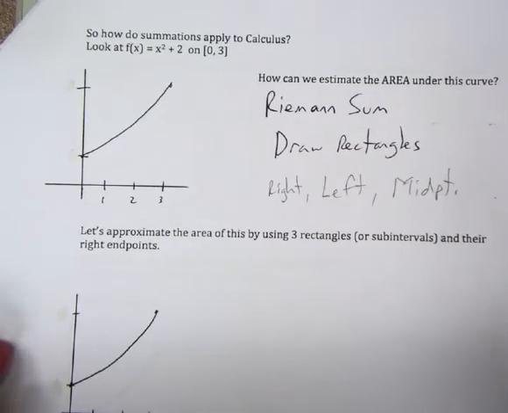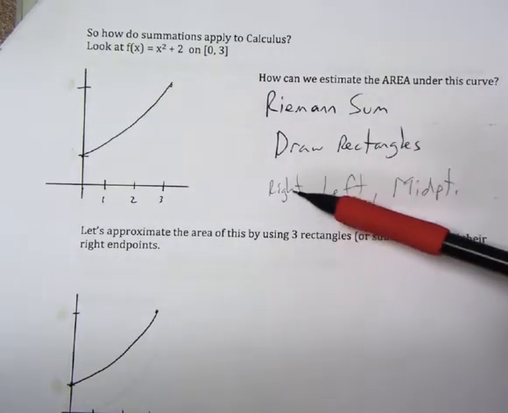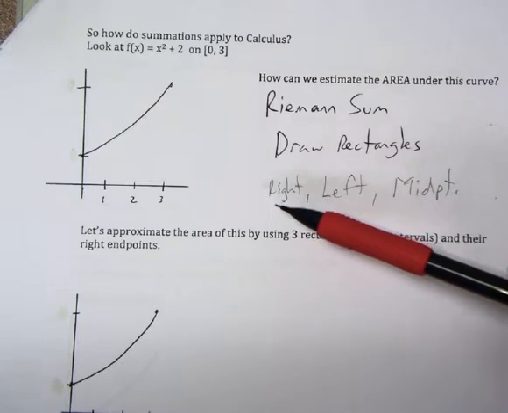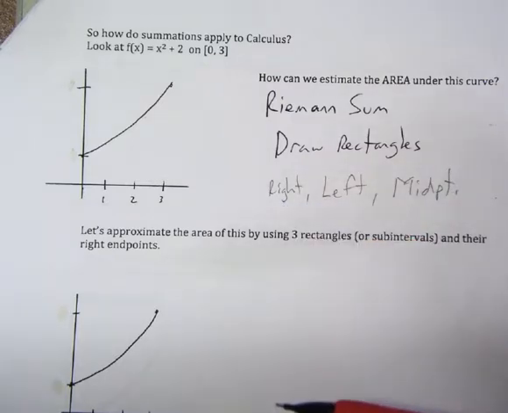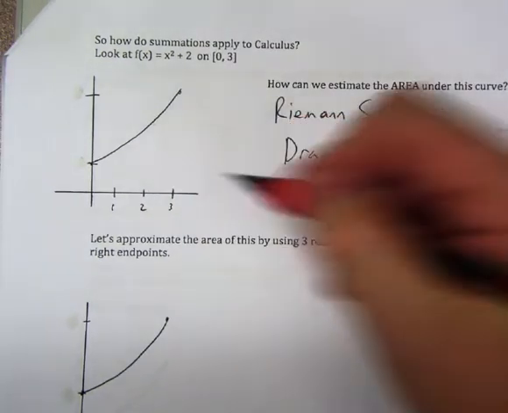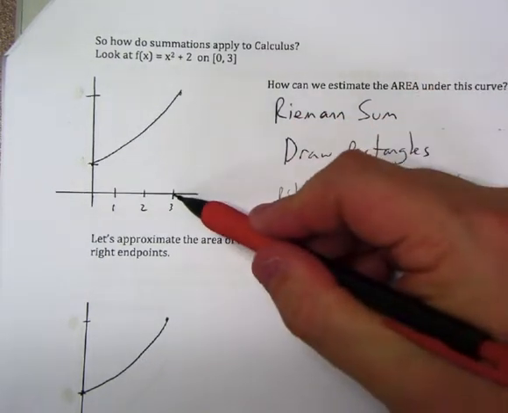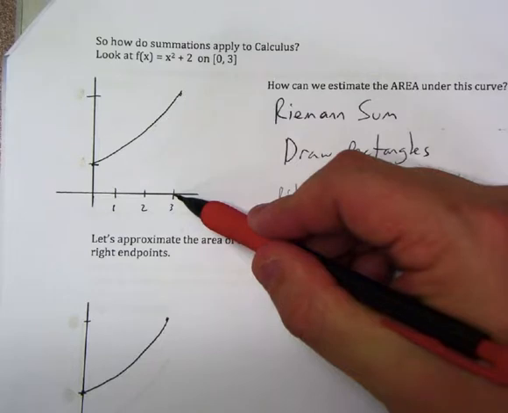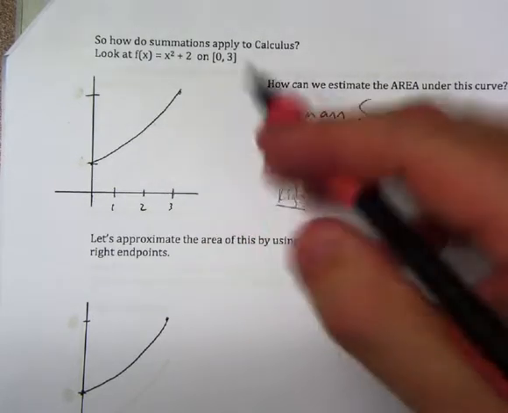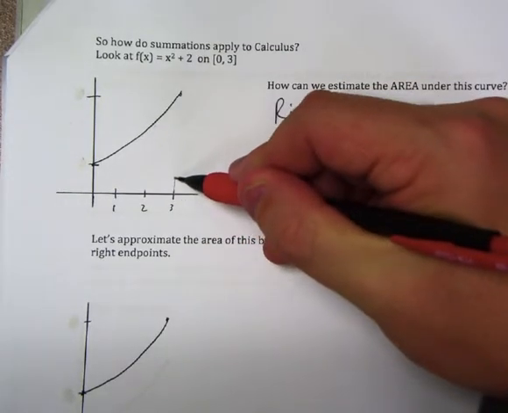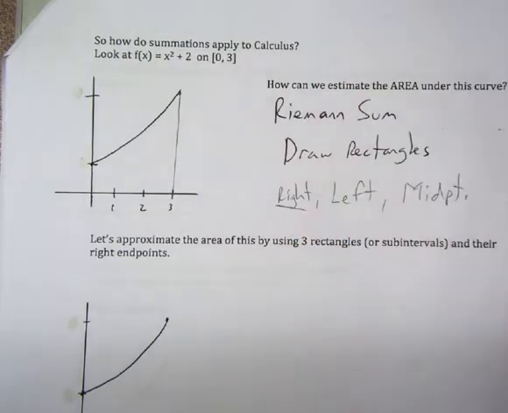So if they ask you to do a right Riemann sum, let's say they said do a right Riemann sum with 3 rectangles, okay? So what that means is this. If I'm doing a right Riemann sum, I'm going to start at the most right endpoint on the x-axis, okay? And I'm going to go up until I hit the curve, right there.